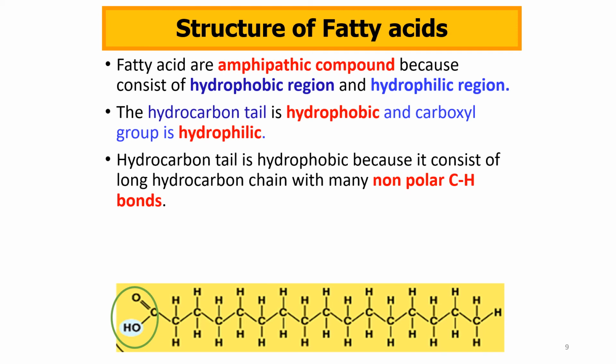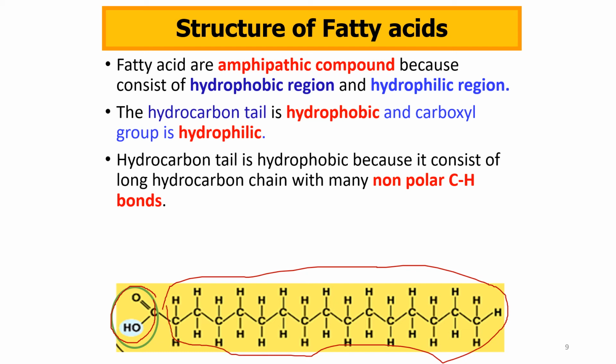And fatty acids are amphipathic compounds because they consist of hydrophobic and hydrophilic parts, same as in the phospholipid structure. The hydrophilic part is due to the carboxyl group, and the hydrophobic part is due to the long hydrocarbon chain here.